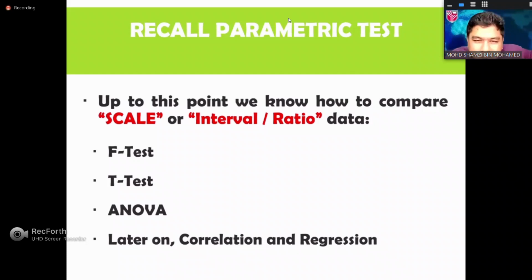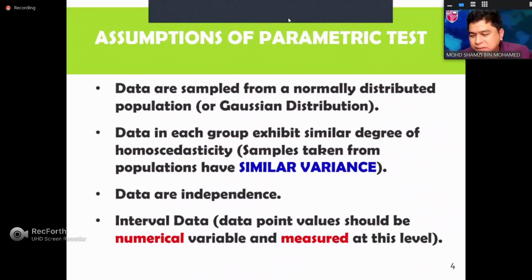Okay, assumption of parametric tests. Parametric tests can only be conducted if data are sampled from a normally distributed population. Another synonym for normal distribution is Gaussian distribution.